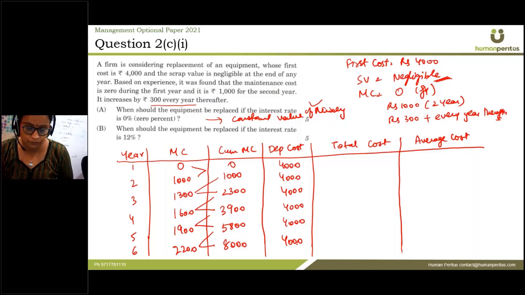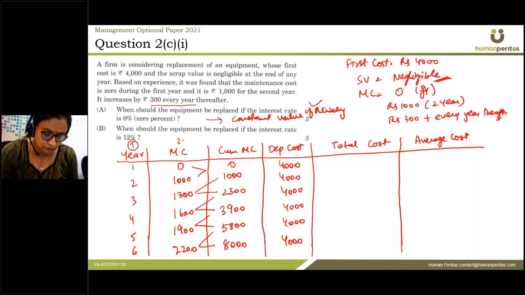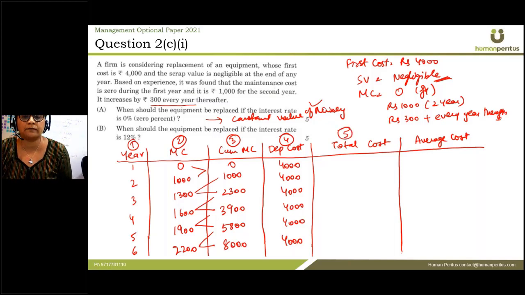So this is going to act as first column, second column, third column, fourth column. Now fifth column, how would I obtain the value of fifth column? It is total cost. So what would be my total cost over here? The addition of column 3 and 4.